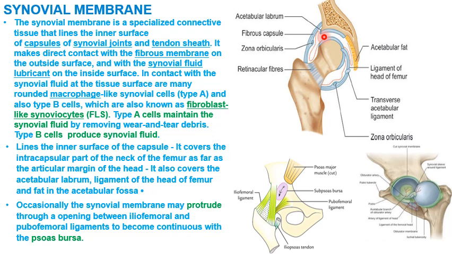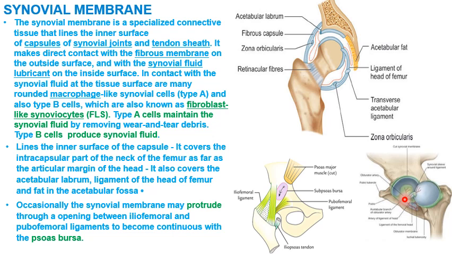The ligament of the head of the femur and the transverse acetabular ligament are also covered by the synovial membrane. Here you can very clearly see whatever is in green color is the synovial membrane. And it also covers the fat in the acetabular fossa.